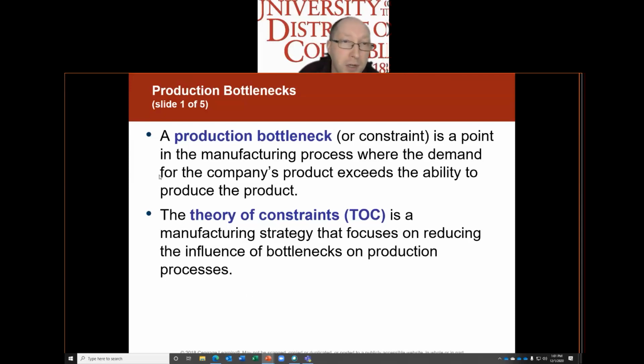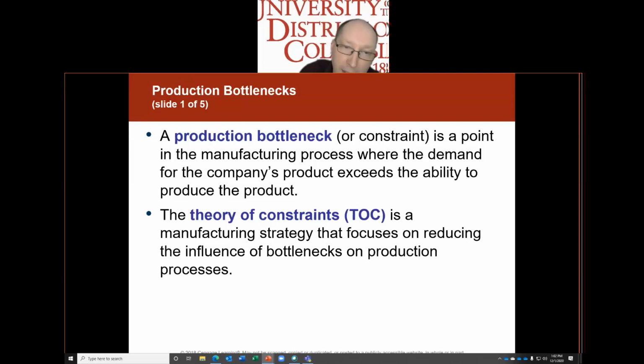What about production? In production, we have these things that happen. We call them production bottlenecks. These are constraints. These happen in the manufacturing process where the demand for the product exceeds the ability to produce the product. My demand is too high. I don't have enough capacity in my factory to produce enough.